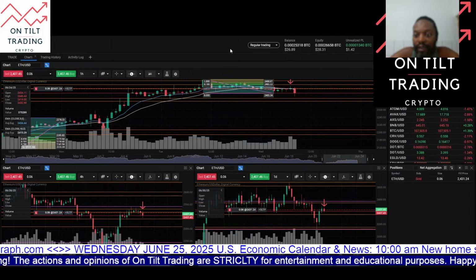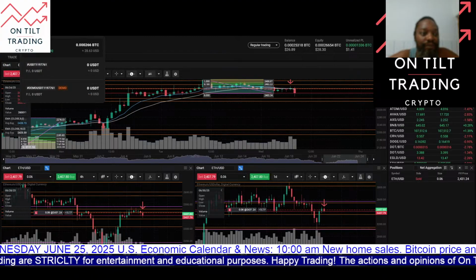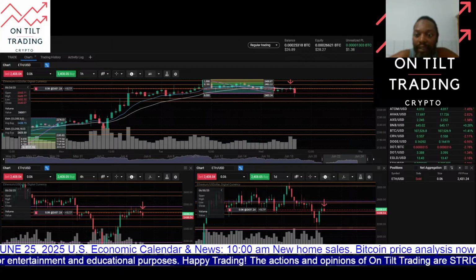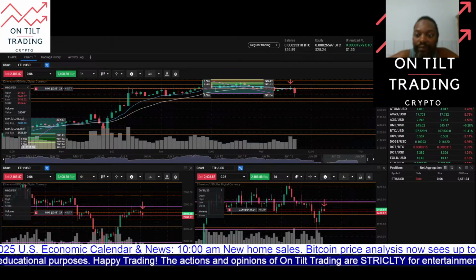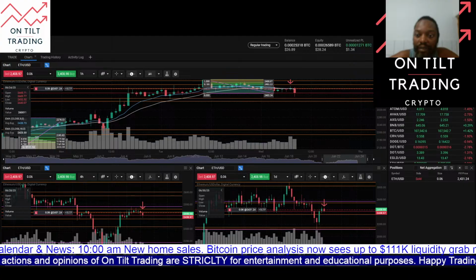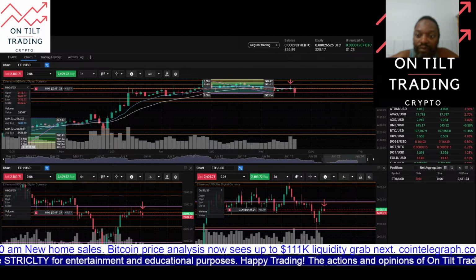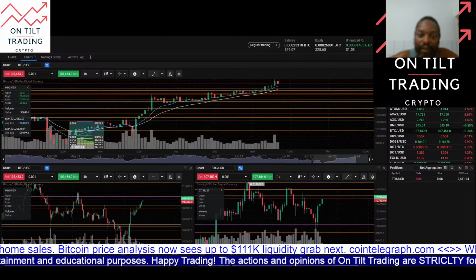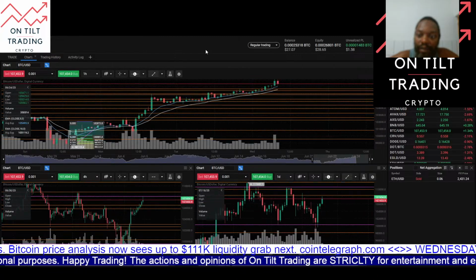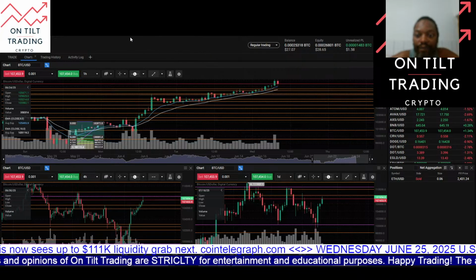Price consolidating here in Ethereum up near the 2407 level. Price being delivered to the buy side currently. Approaching the 2409 level, consolidating here at 2408, now at 2409, approaching 2410. And Bitcoin price holding at 107,453.9.